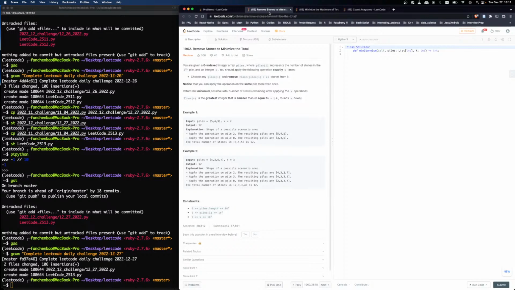Return the minimum possible total number of stones remaining after applying the k operations. So basically every time we want to remove from the highest, because we want the minimum possible total, which means each time we do the division, we want to divide the largest number.